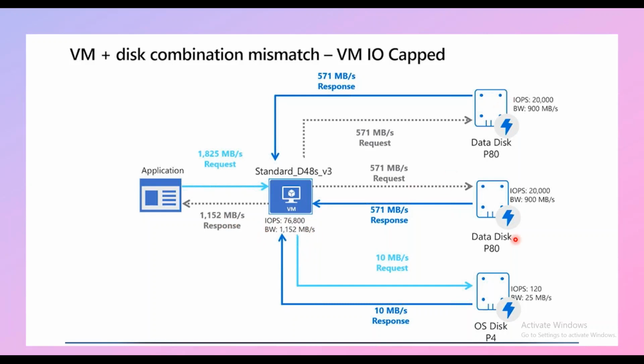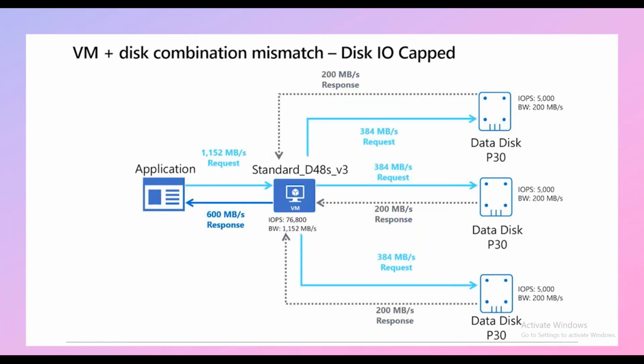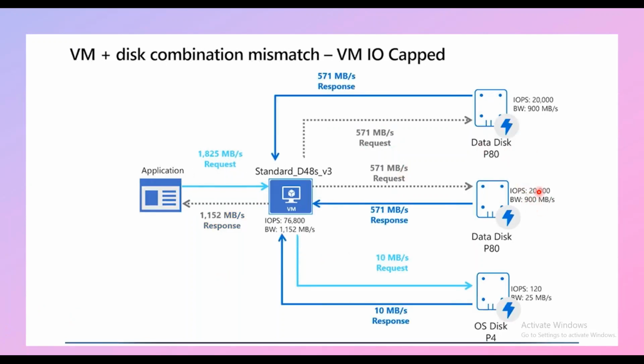So when you choose the disk and the VM, you need to make sure that you can achieve the maximum bandwidth for your application. Sometimes the instance size that you choose might be capped with a particular IOPS and bandwidth, so you need to look into that closely. Similarly, there are chances you will choose the right instance type, but the disk IO will be capped. For example, you will see only 200 Mbps for the P30 category of disk, whereas when you go for a higher category like P80, you will get 900 Mbps.